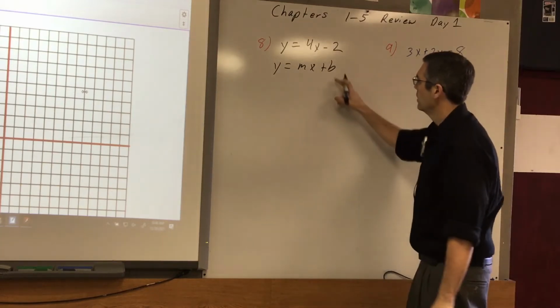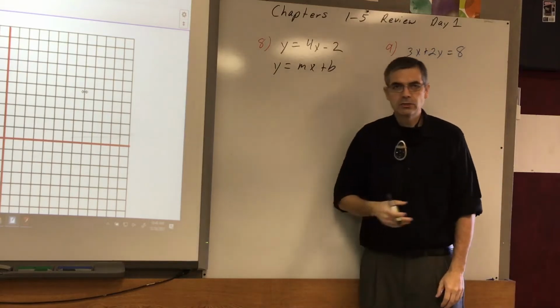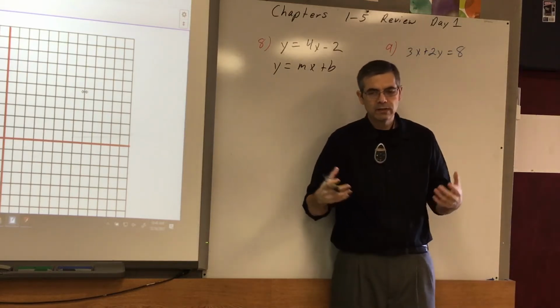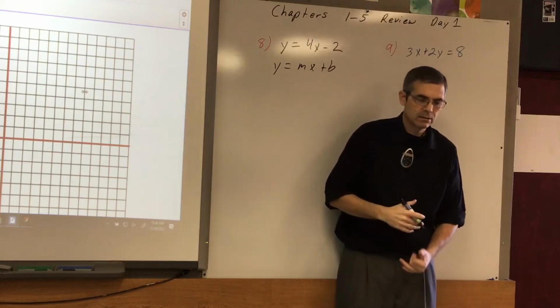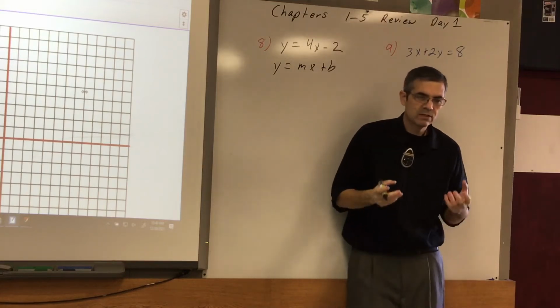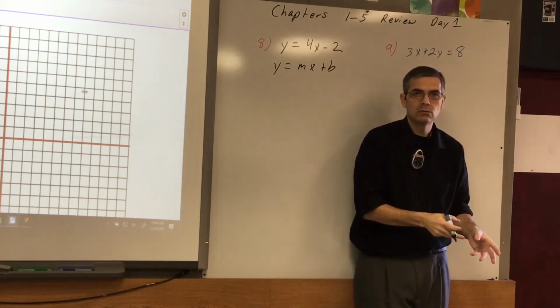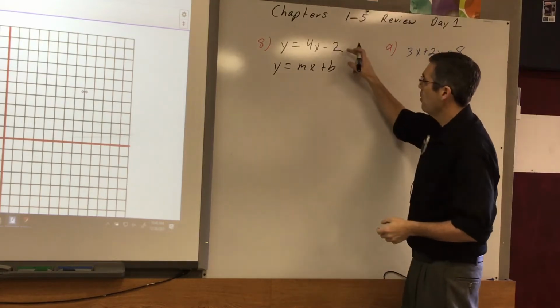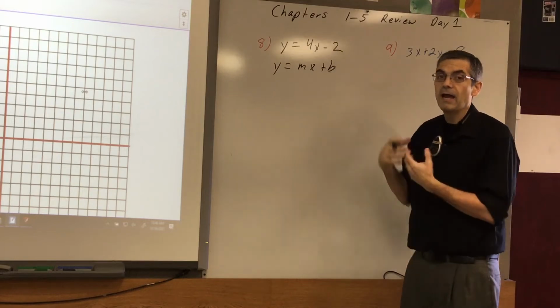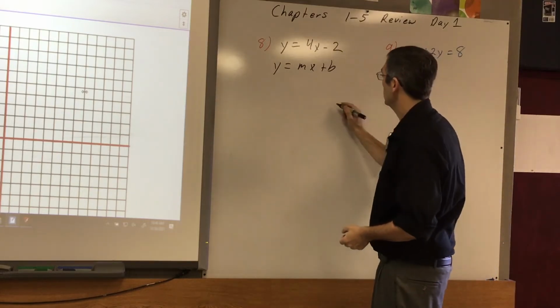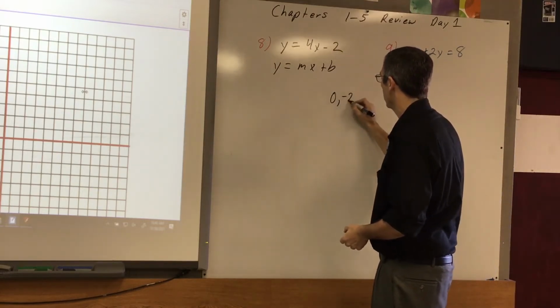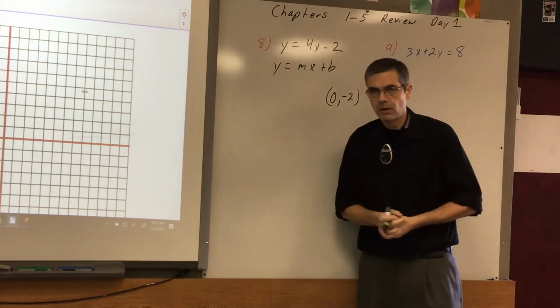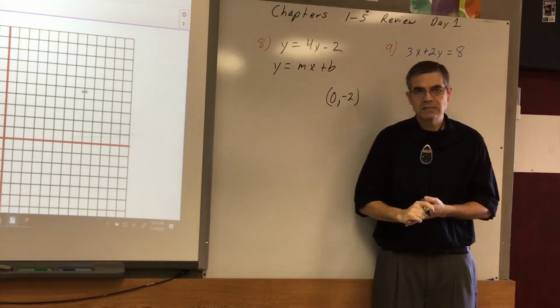The b over here is your beginning. It's your y-intercept. It's where everything crosses the y-axis. And I call it the beginning because it gives us the very first point that we use in order to graph. Because I know this is my y-intercept, I have my first point, (0, -2), because I understand that at the y-intercept, the x is always 0.